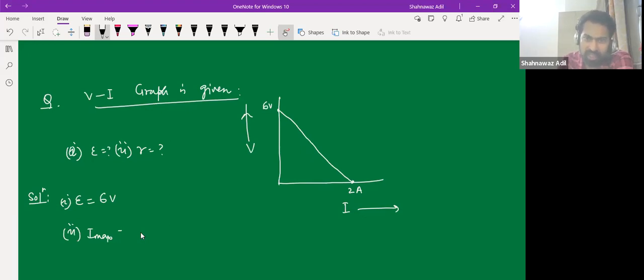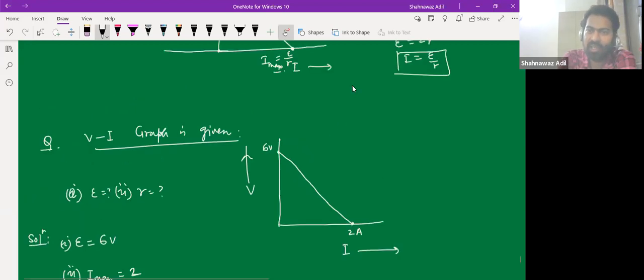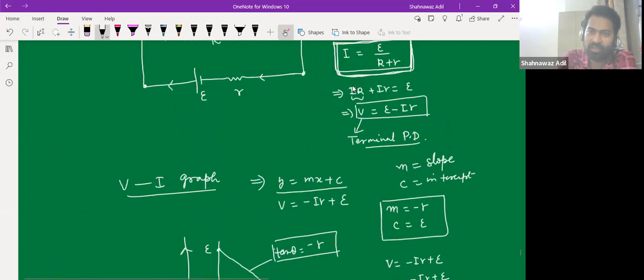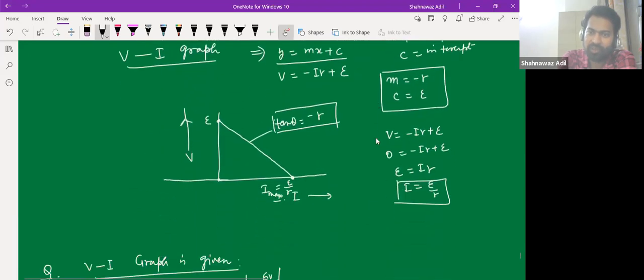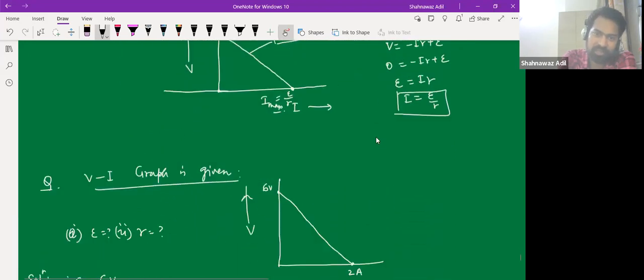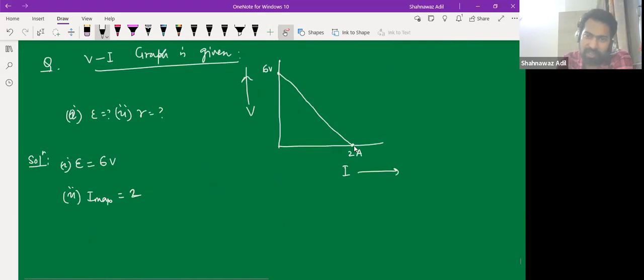Oh, minus 3 ohm. Why minus? Resistance cannot be negative, right? The slope is negative, resistance is not. So this point is E by R, right?